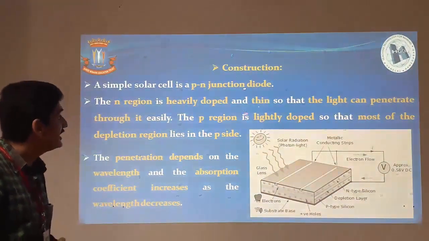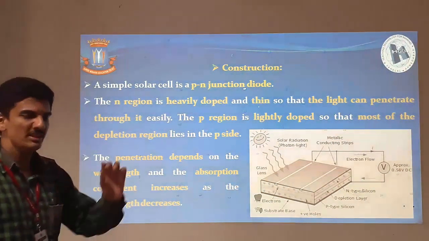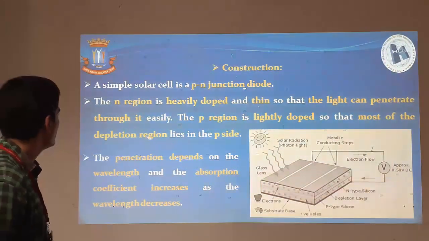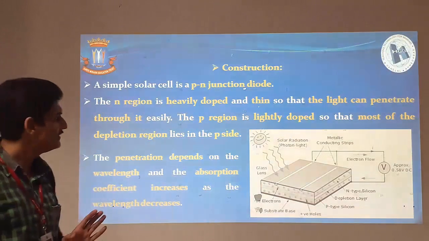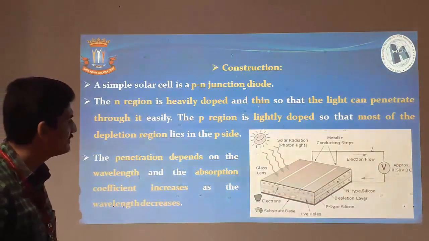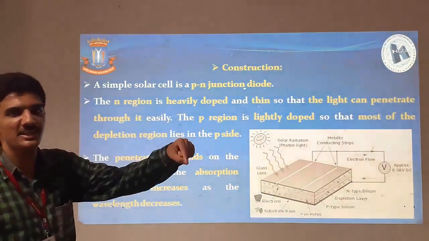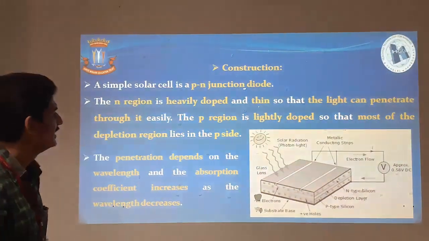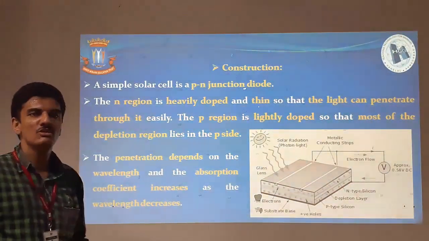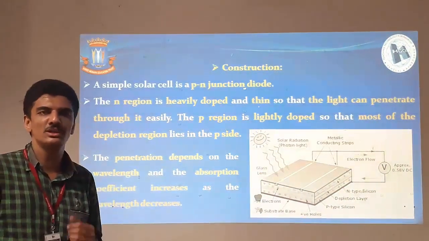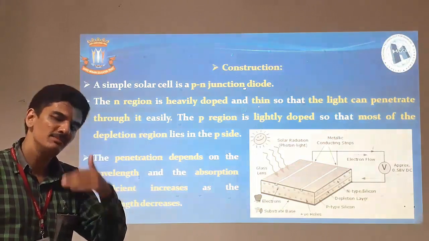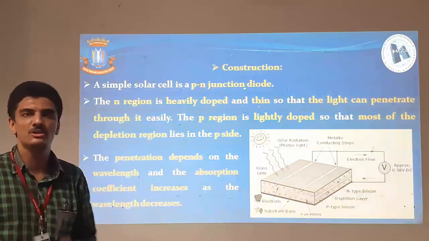Now, it is quite thin, so the thickness is quite small, so that the light can penetrate through it easily. As we can see from this figure, the N-type silicon is the first interaction area where the solar light will interact. So that's why we have kept the thickness of this N-type silicon quite small. The reason is we want the maximum amount of light to penetrate through it.